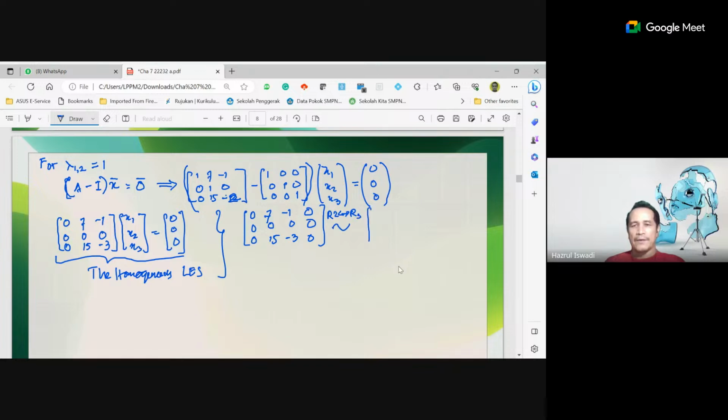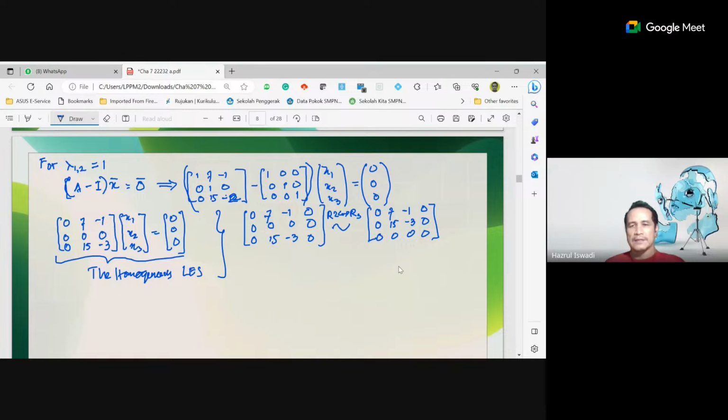We have that 0 7 minus 1 0 and 0 15 minus 3 0, 0 0 0 0, because we want to make the zero rows at the bottom. And then we want to find a leading one.